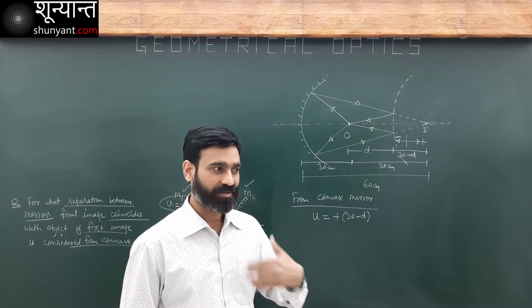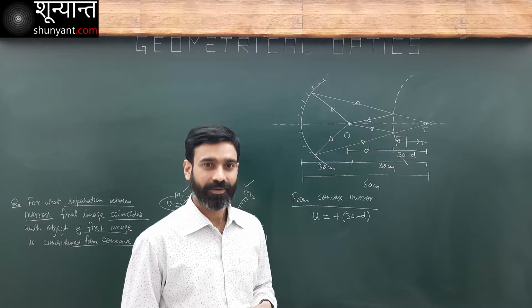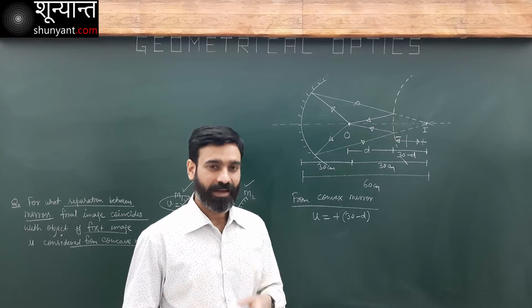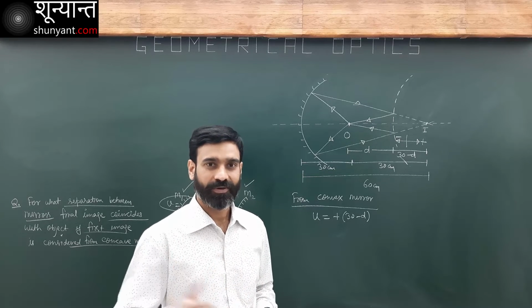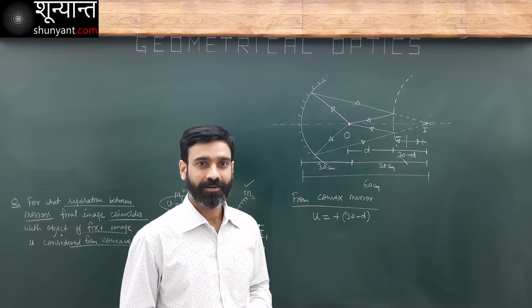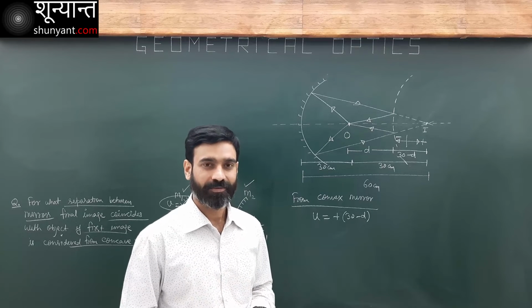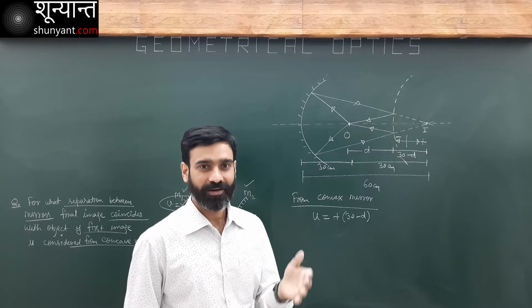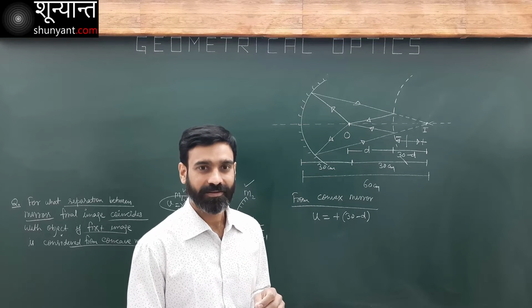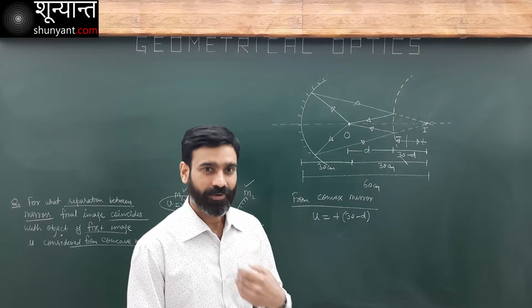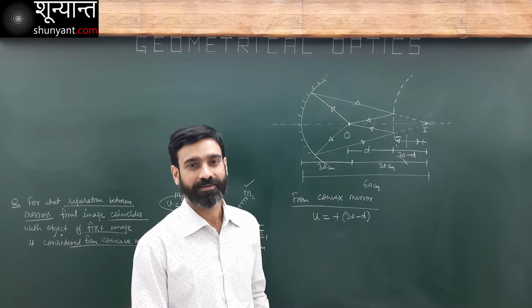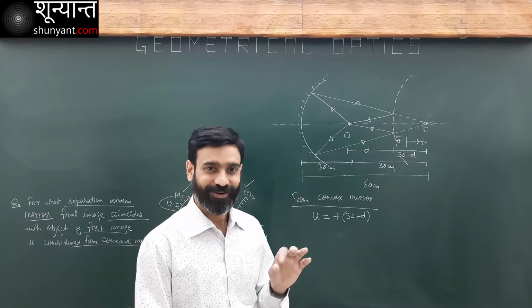It is given that way just because you are doing it for the first time in your lower junior classes, so that students do not get confused too much. In an effort to simplify things, they say take your object distance to be negative always. But that is not correct.